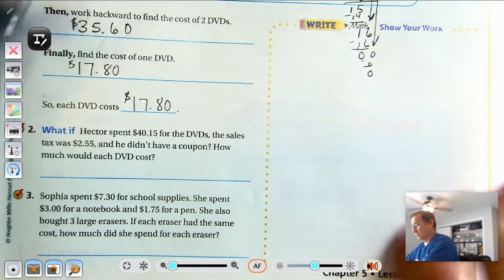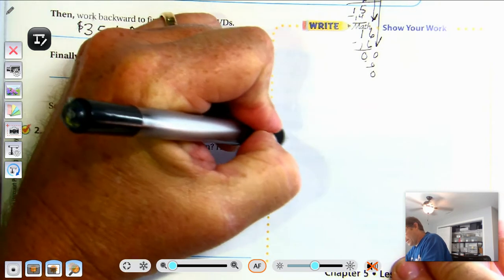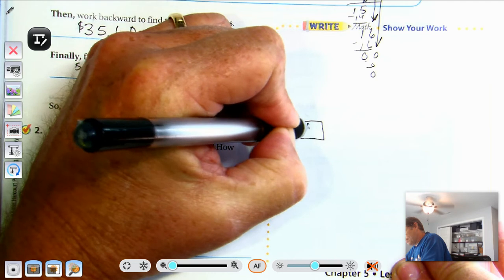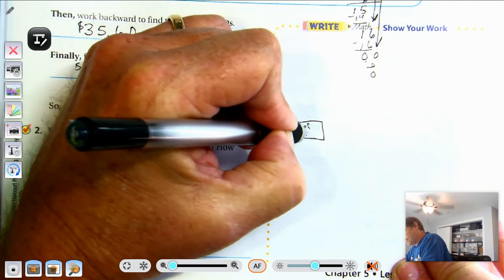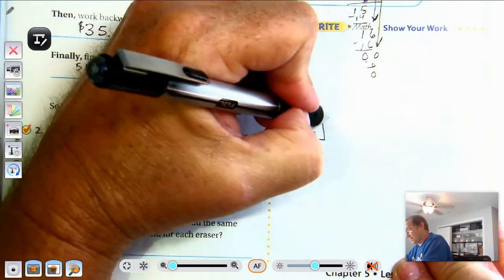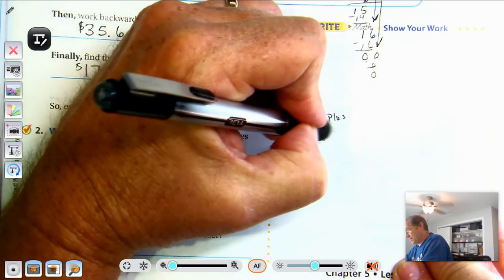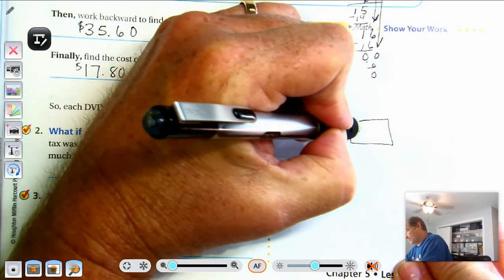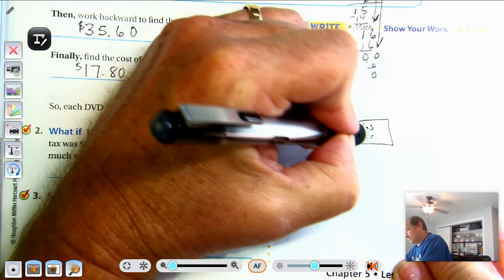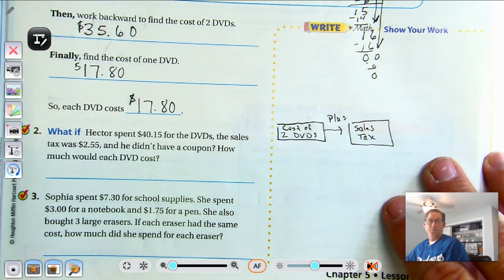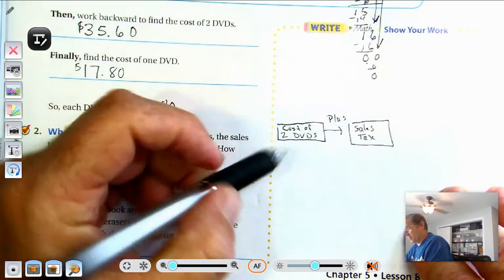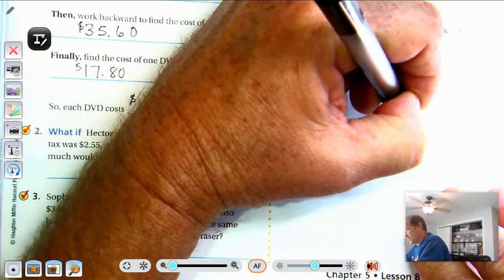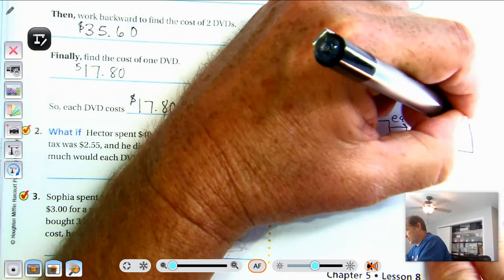So we'd still have the cost of 2 DVDs plus the sales tax. But this time there's no coupon, so it's just going to be the cost of the 2 DVDs plus the sales tax will equal the total spent.